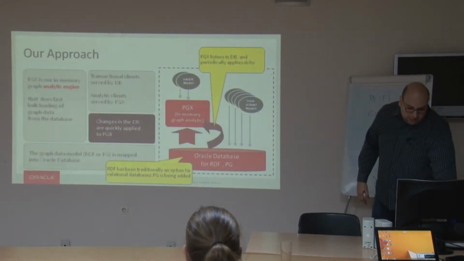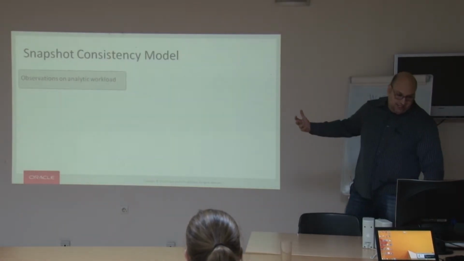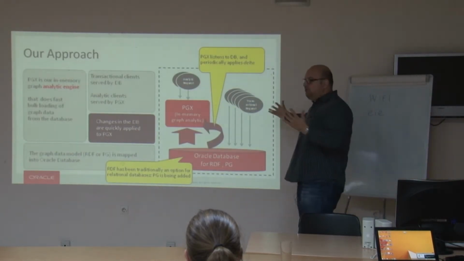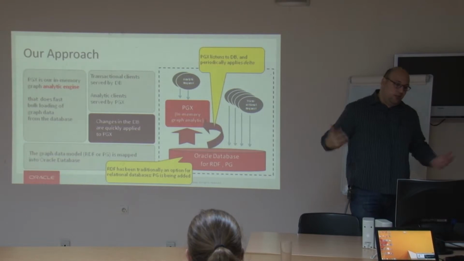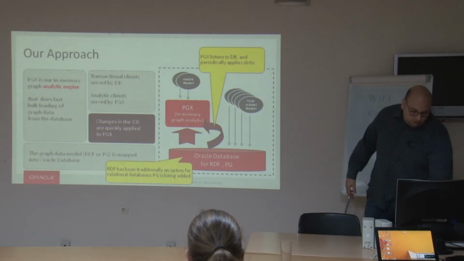So the kind of model this implies, at least on the analytical side, so maybe I misspoke earlier. On the query side, obviously we support whatever the database supports. Most people set it to read committed, so that's what we support on the transactional query side.